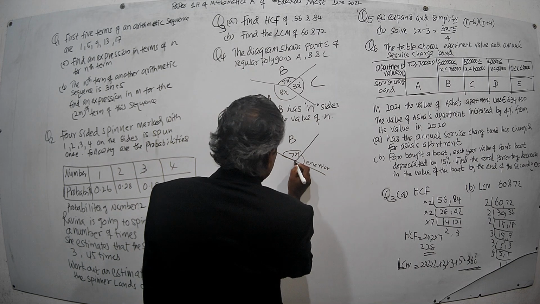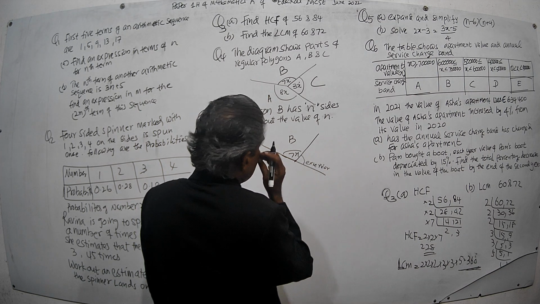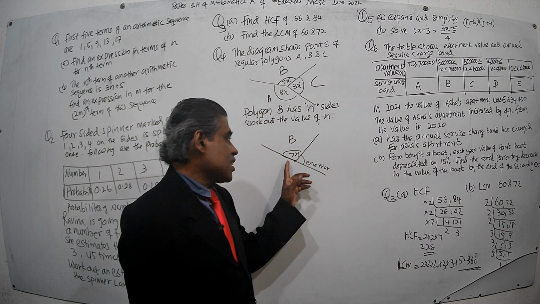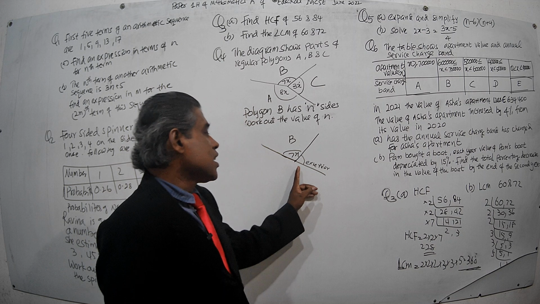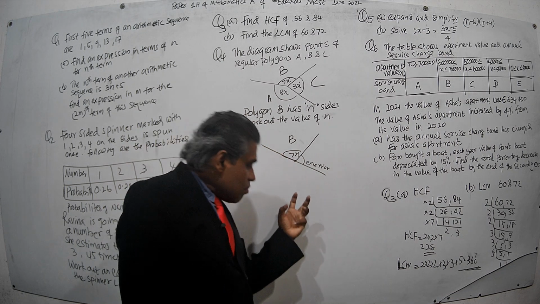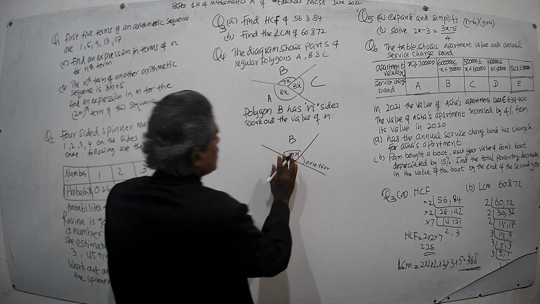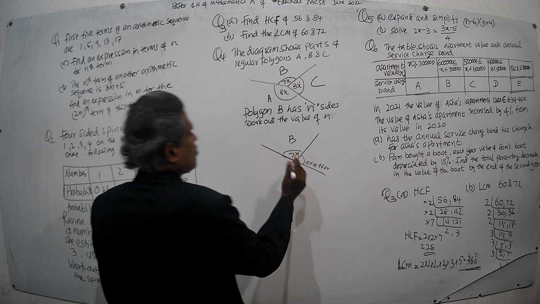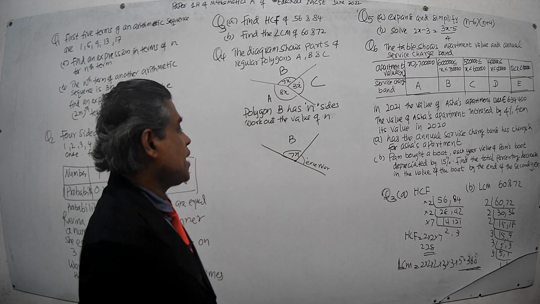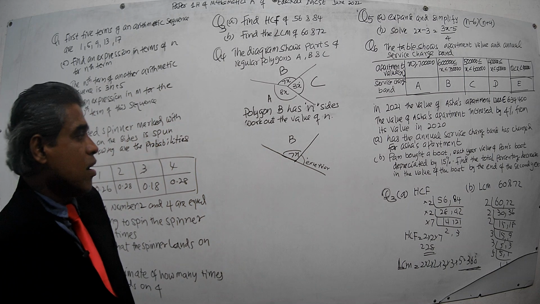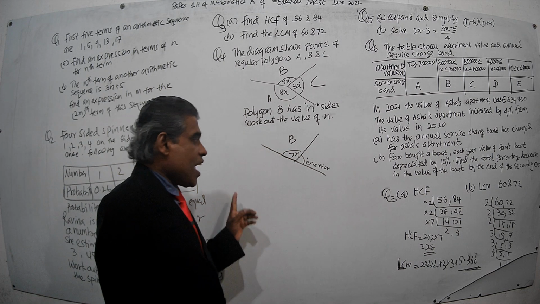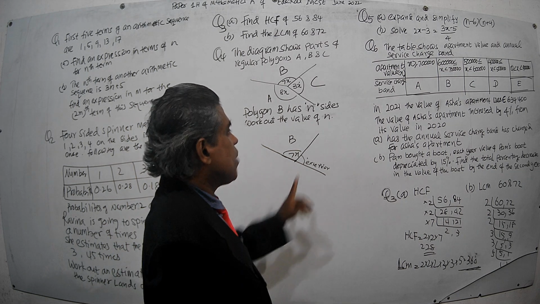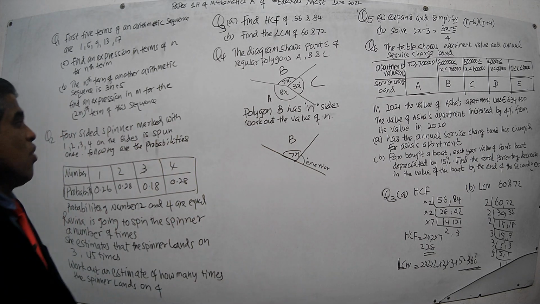The interior angle and exterior angle of a polygon at a particular vertex form angles on a straight line, so they add up to 180 degrees. Then we can apply the exterior angle formula: size of an exterior angle equals 360 divided by number of sides, and you can find the n value. That is what we are going to do here.